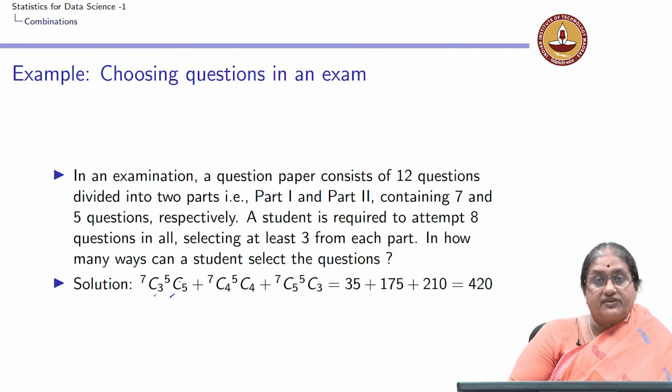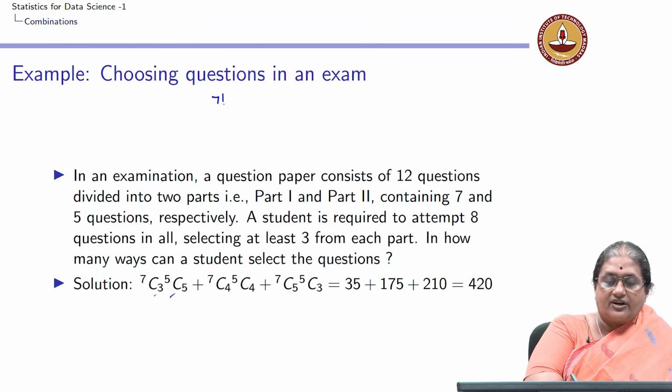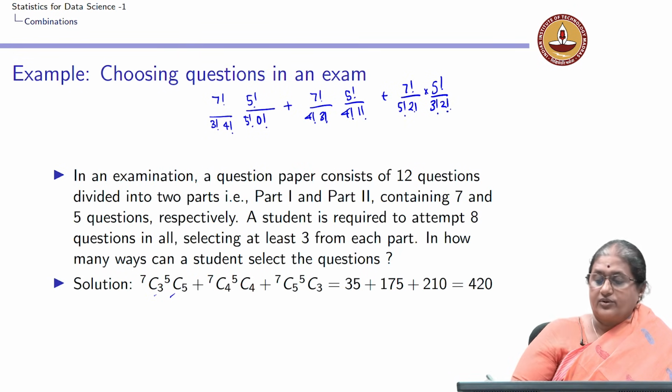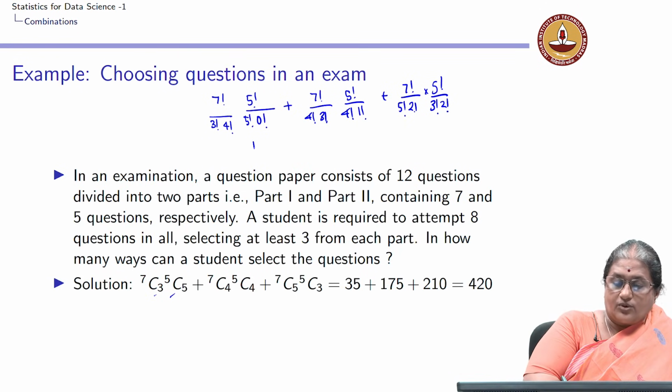Because 7 choose 3 is 7 factorial by 3 factorial into 4 factorial, and 5 choose 5 is 5 factorial by 5 factorial into 0 factorial, so this is equal to 1. Then 7 factorial by 4 factorial into 3 factorial, 5 factorial by 4 factorial into 1 factorial, and 7 factorial by 5 factorial into 2 factorial, 5 factorial by 3 factorial into 2 factorial.